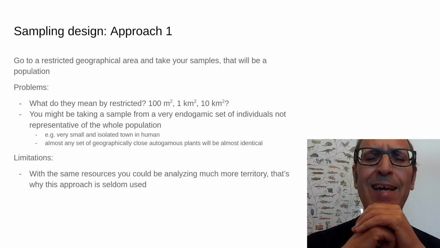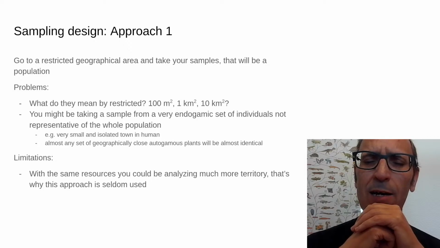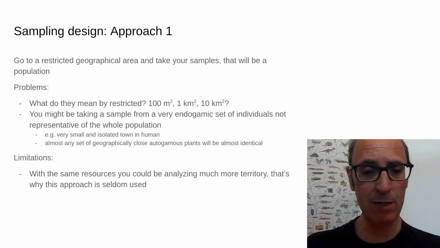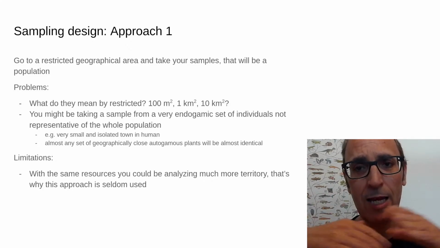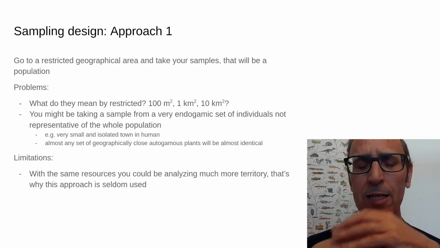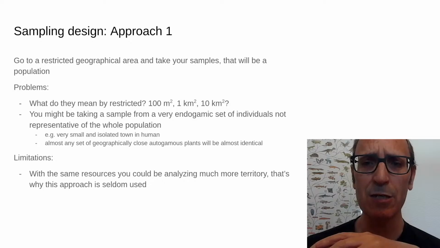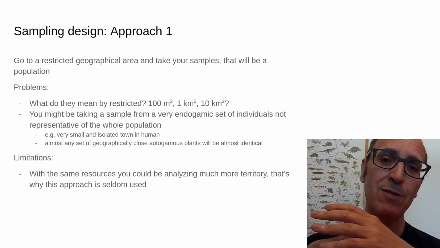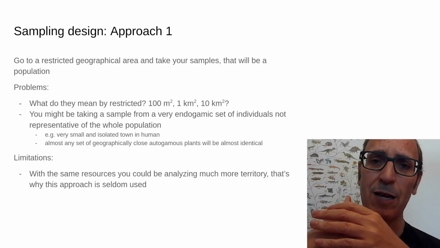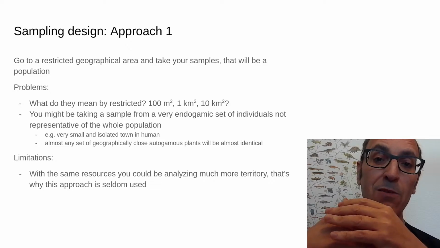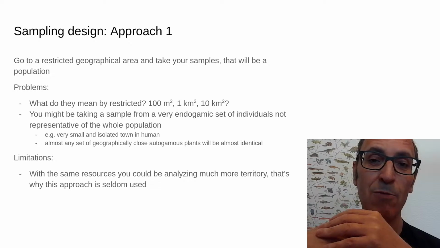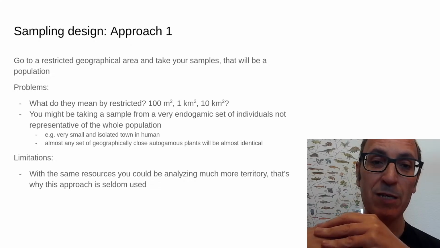So I am going to go, for instance, to a valley, or even better, just close to a river in a very small site, and I will take some individuals, because in that way I will be sure that they have had the chance of mating together, and so they are a population. Problems. First, again, what is a restricted area? It's 100 square meters, okay? 1 kilometer. How many kilometers should we allow? I guess that should depend on the species.